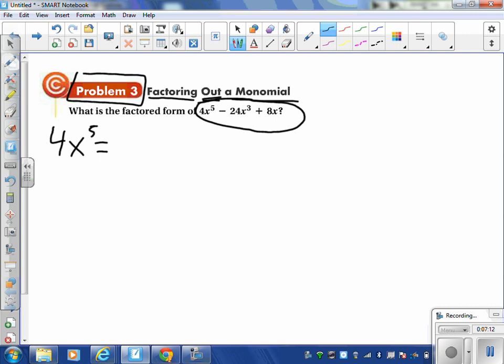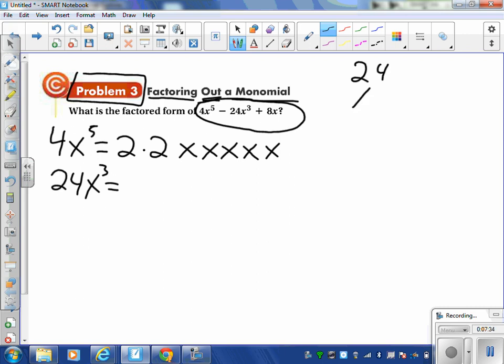What two numbers multiply give me 4? 2 times 2, and then I have 5 x's in that problem. Then I have 24x to the third power. I'd look at 24 and try to find out what numbers factored multiply together equal 24. 8 times 3.